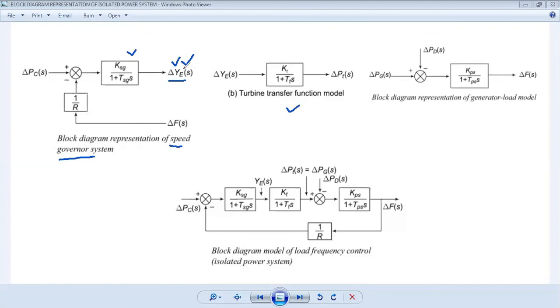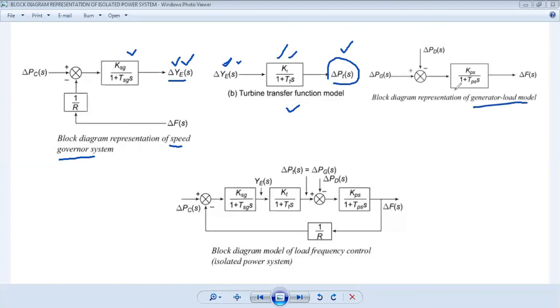The output of this one is given as an input to the turbine, delta Y of s, and the block is Kt by 1 plus Tt into s. This input multiplied by this block Kt by 1 plus Tt into s, then you will get the turbine power output. The input to the turbine delta Y of s is the valve power, and it gives the turbine output power. And then the block diagram representation of the generator load model.